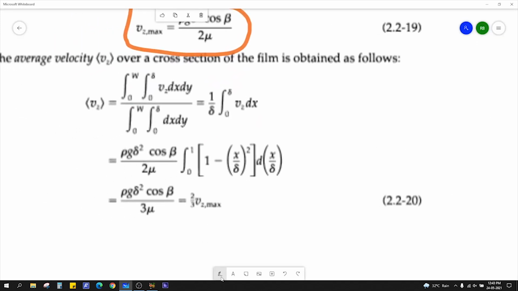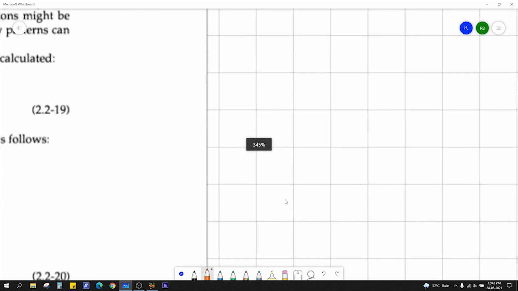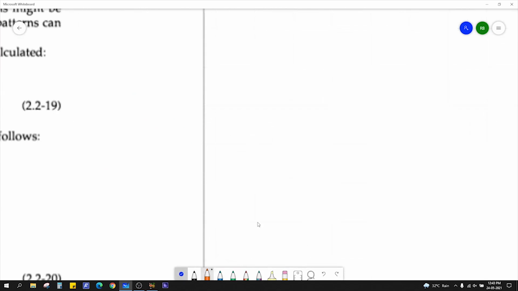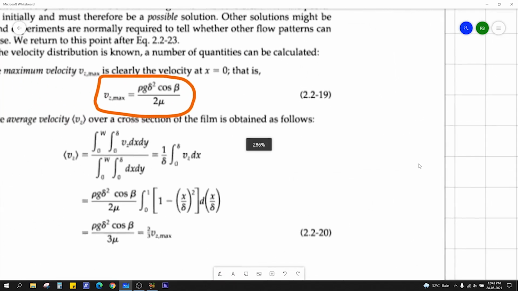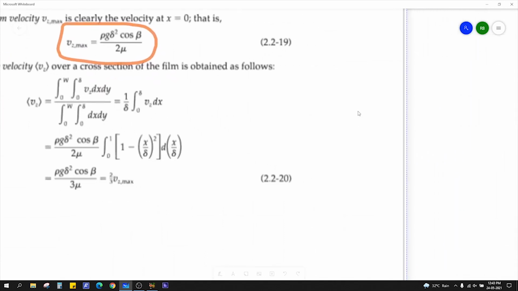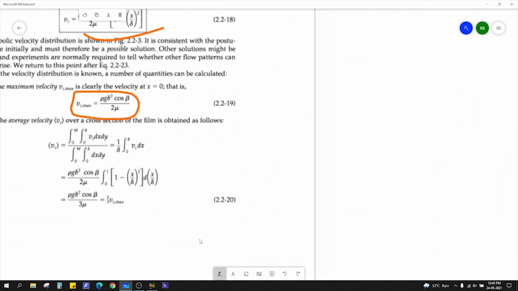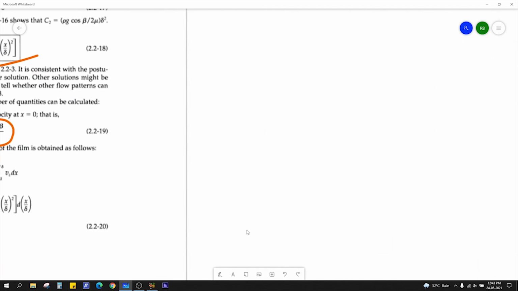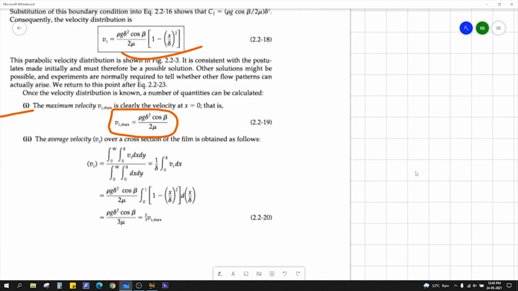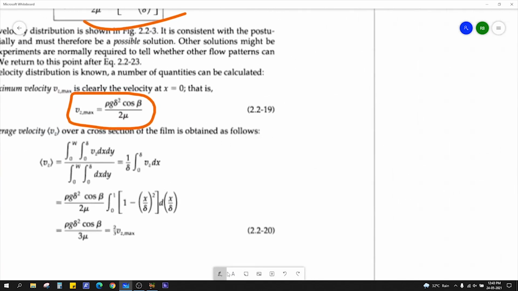Now average velocity, how do you calculate average velocity? Average velocity is denoted by this angle bracket. It is nothing but some kind of this formula.